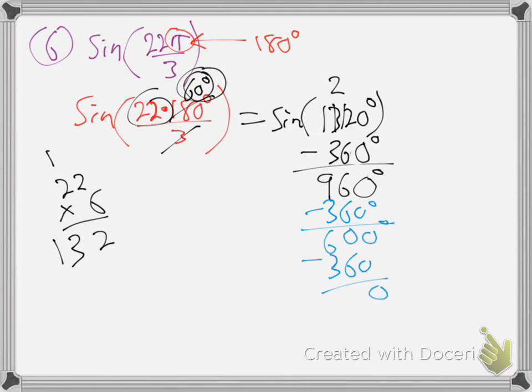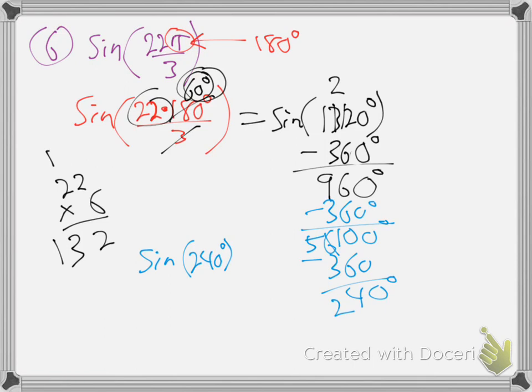Minus 360 again, 240. There we go. Now it's an angle we can deal with. So this is the sine of 240 degrees plus a bunch of extra 360 rotations. Just subtract a bunch of 360s and get it down to 240.